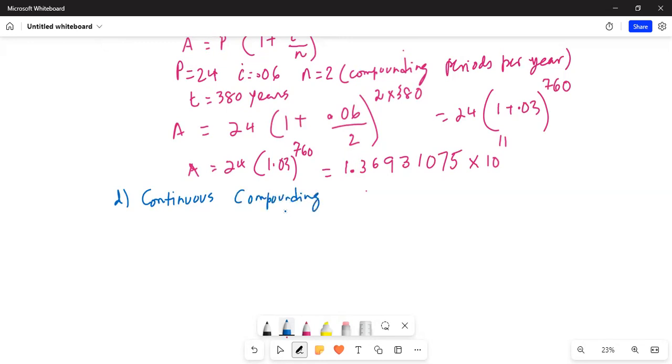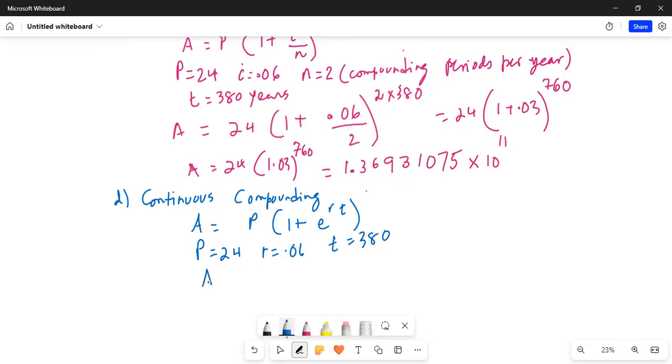And the formula for that is A, the future amount, is P, the original investment, times e, the natural number, raised to the power of R times T. Okay, so P is 24, the original investment, R is equal to 0.06 and T is equal to 380 years.